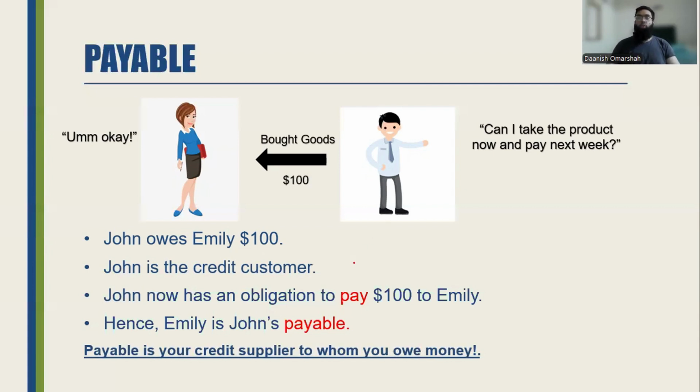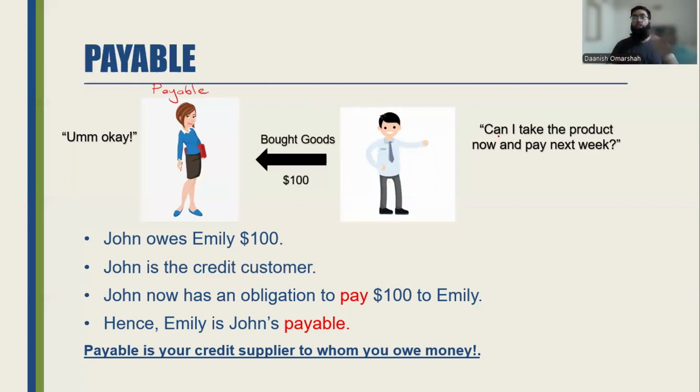Now, I want you guys to understand one thing. This general rule would always apply. One party would always be the payable. Now, if I talk of John's perspective, pause the video for a second and tell me, what is Emily? Is she a payable or a receivable? Right. From John's perspective, Emily is the payable. Why?